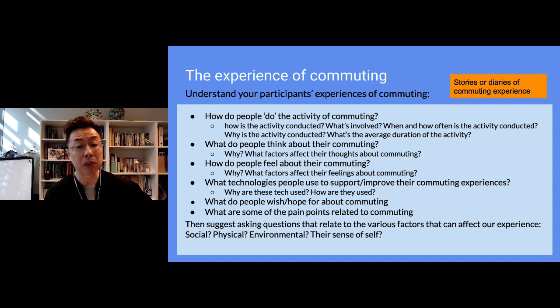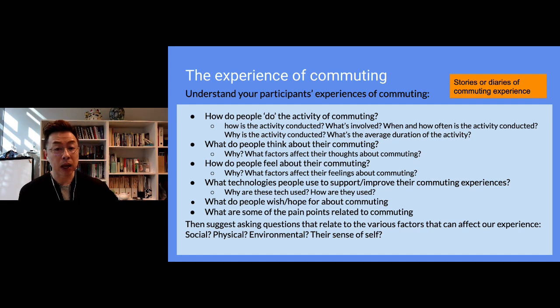What technologies do people use to support or improve their commuting experiences? When are they used? I didn't put it here, but is the technology used prior to commuting to plan the commuting, or during the commuting itself? And also why are the specific technologies used? Why do they choose Street View instead of another planning application?